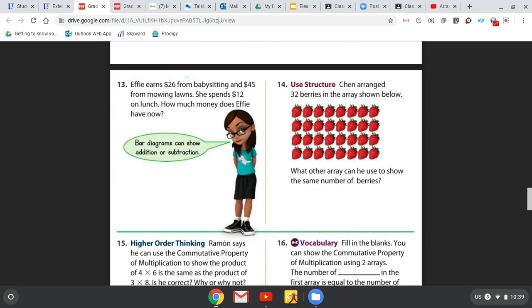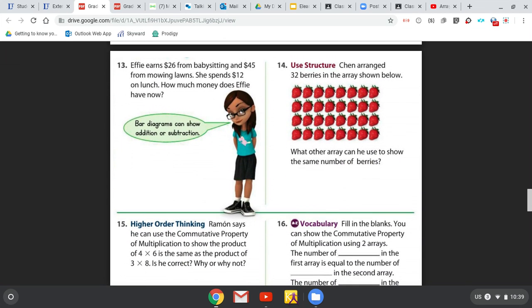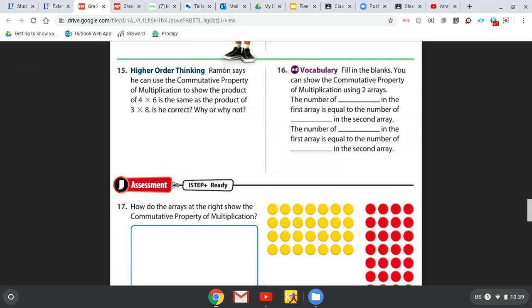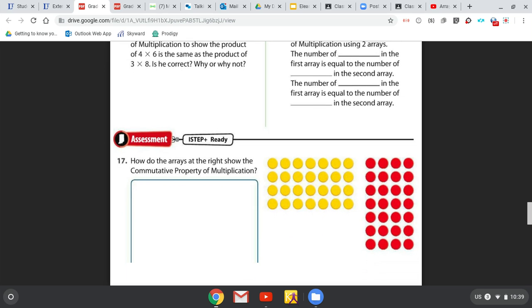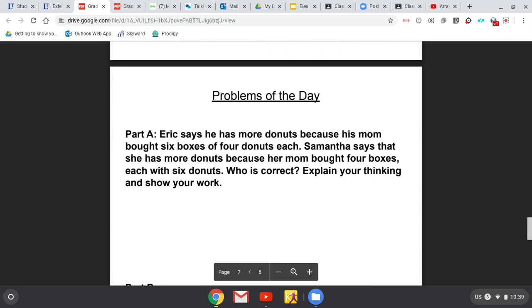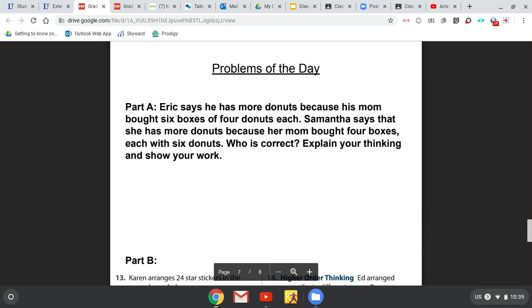We continue on with our Pearson lesson. All of these skills are about arrays and multiplication. Show your best work. If you're working on paper, make sure your parent is taking a picture, sending me that picture of your work. After arrays, we have Problem of the Day, Part A. Eric says he has more donuts because his mom bought 6 boxes of 4 donuts each.